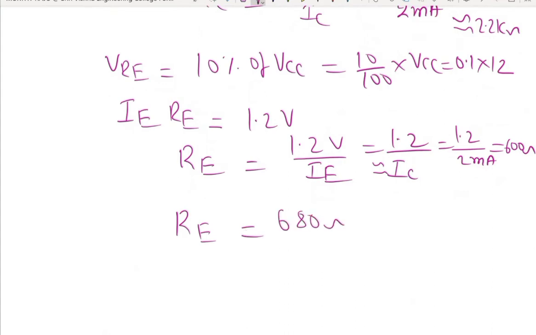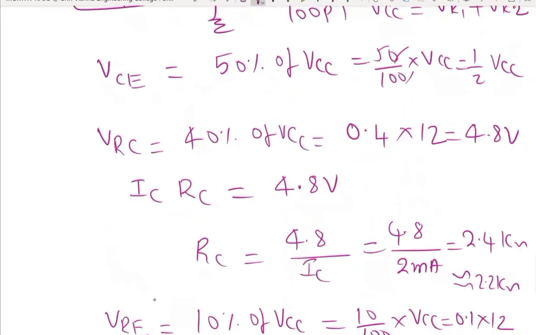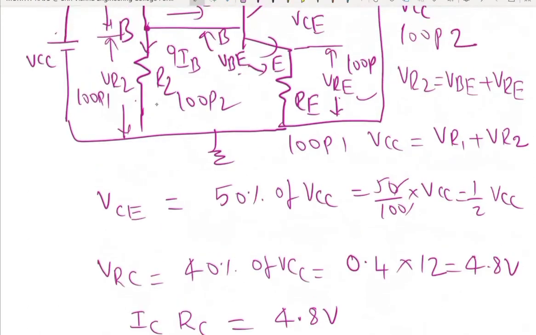Next, find out R1 and R2. We know that VR2 is equal to 9IB into R2.